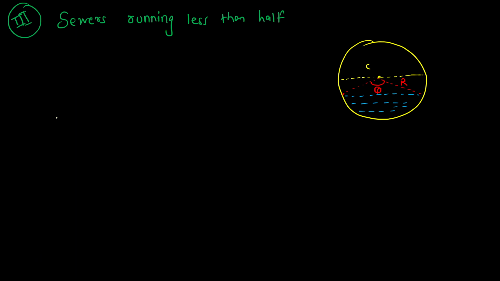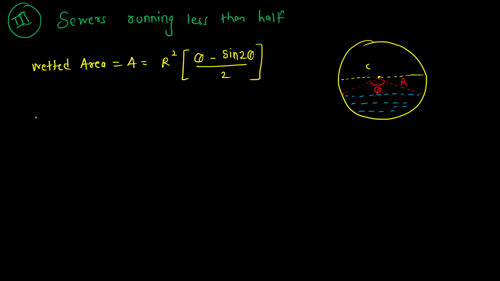So in such case, the weighted area A is calculated as follows. This is purely geometric formulas, you just write it down. A is r square into theta minus sine 2 theta by 2, and weighted perimeter P is equal to 2r theta.